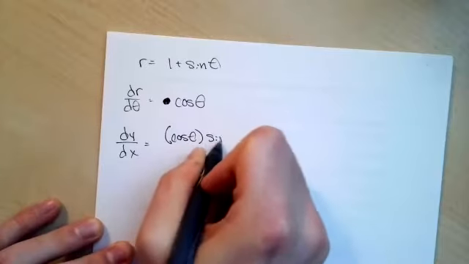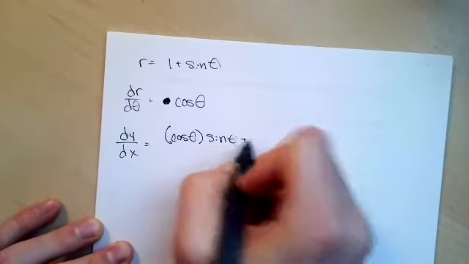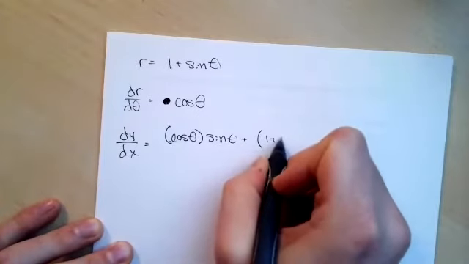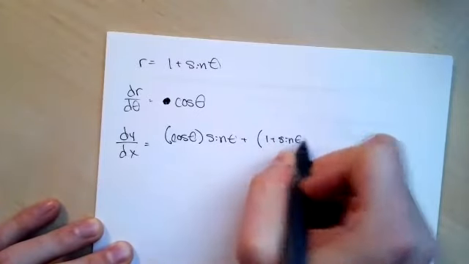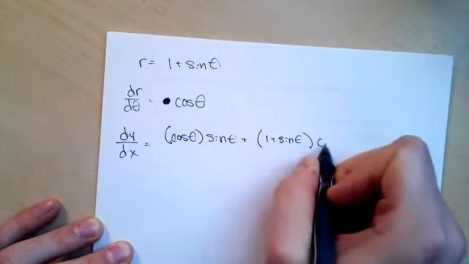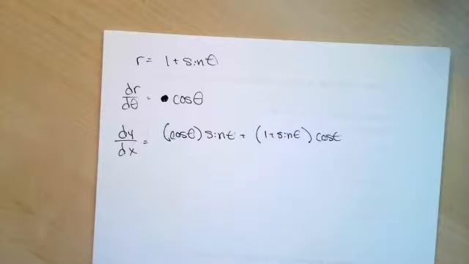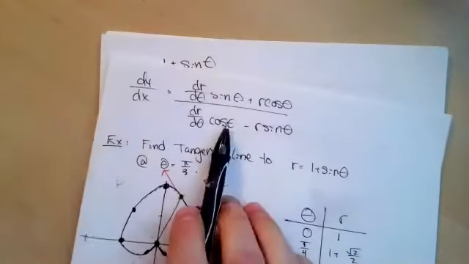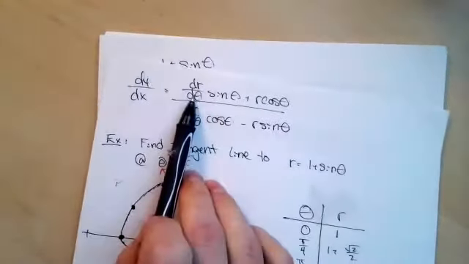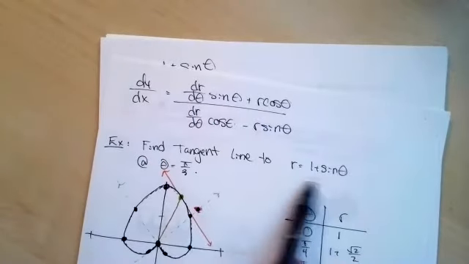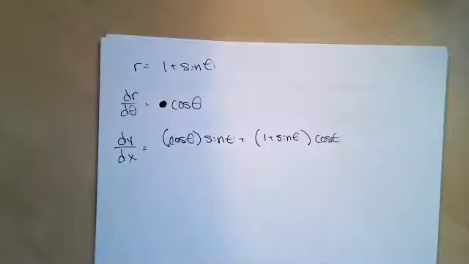And then from the other components of the formula, I guess we do have the r's. So we want to substitute our 1 plus sine theta in for that times cosine theta. So that's the numerator. I didn't feel like rewriting this whole formula again. So now all we have to do is substitute in our dr d theta and our r's based on the given function that we've got.